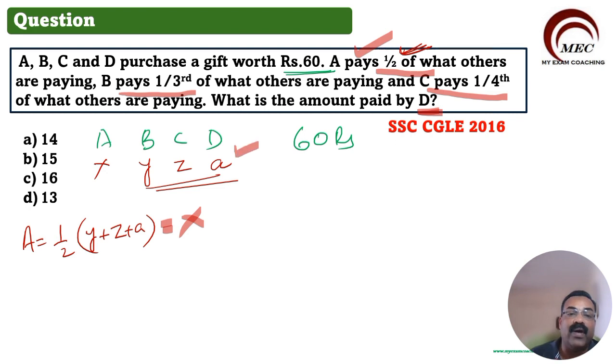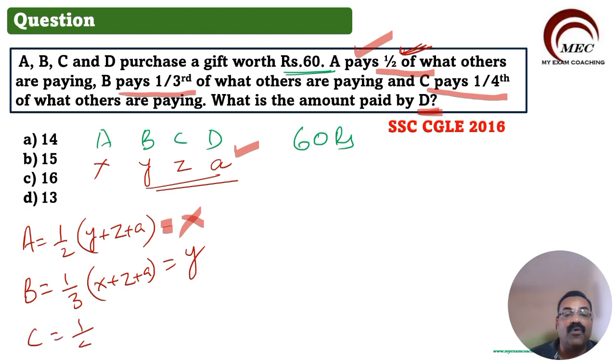Similarly, B is paying 1/3 of what others are paying, that is X plus Z plus A. This will be equal to Y. And C is paying 1/4 of what others are paying. What are others paying? X plus Y plus Z, sorry, X plus Y plus A. That is equal to Z.